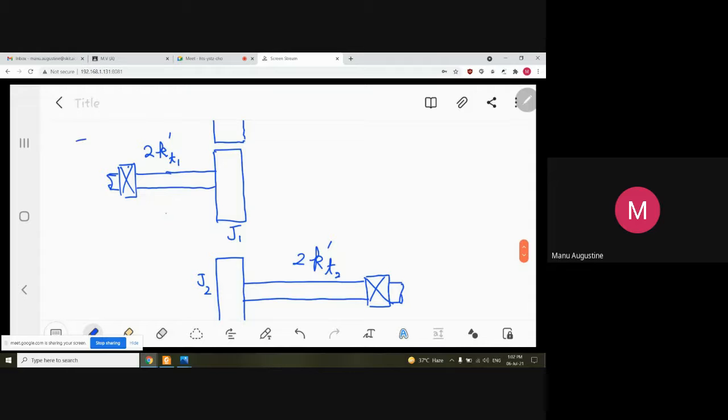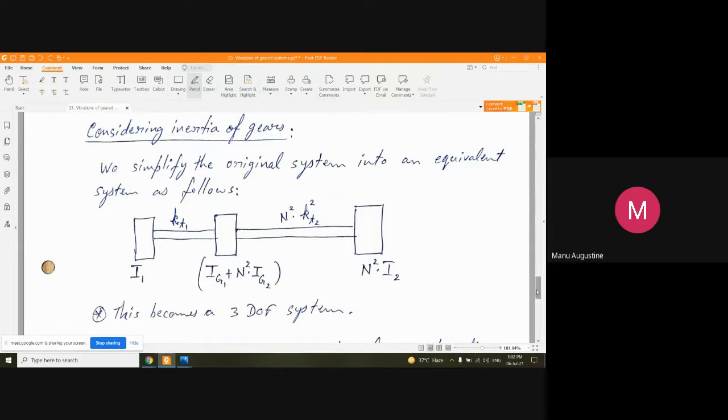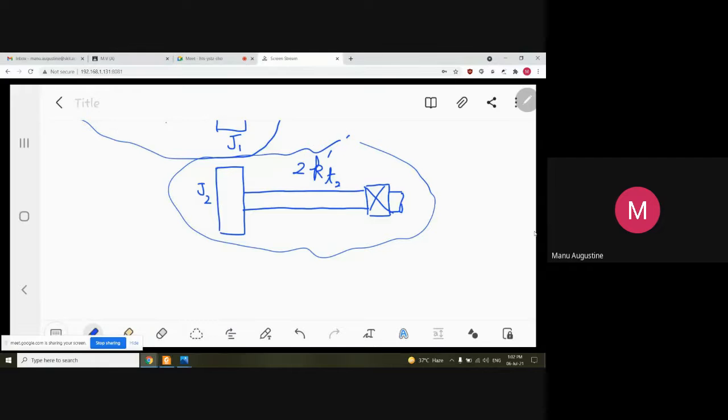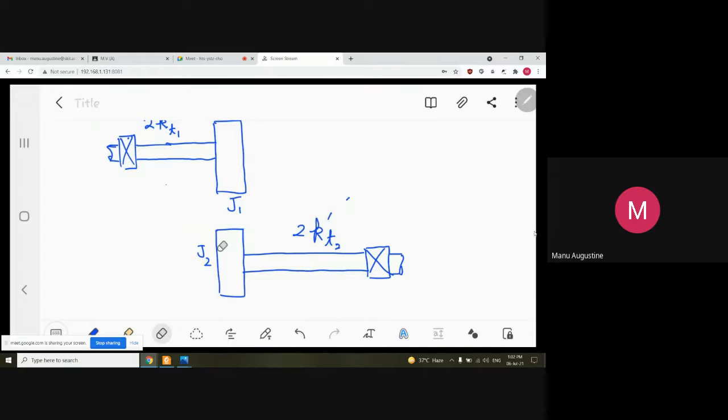Now, this is the driving side and this is the driven side. And if you see, this becomes a problem very similar to the one that we have developed all our equations for. See, you have basically converted into a mechanism like this. Now, the only difference being, instead of two gears actually coming in close proximity to each other, we have pulleys separated by a belting mechanism. That's all. So instead of actual gears connecting them, you simply have pulleys connecting them.